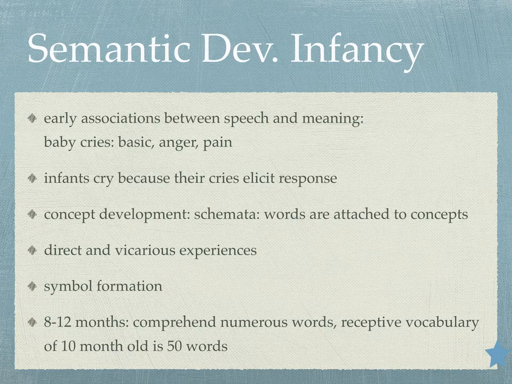Concept development. Schemata are the idea of those words attached to concepts, and babies are going to be able to begin to understand this. Concept knowledge can develop before language labels like words are developed.